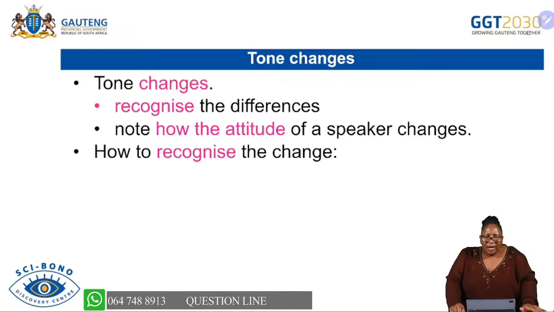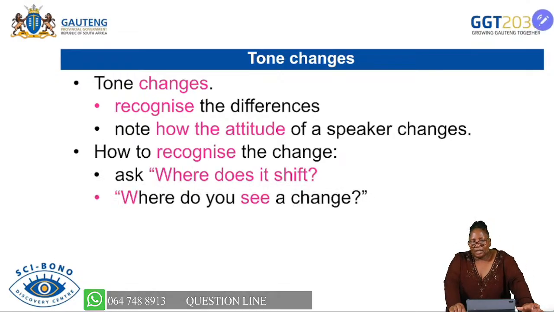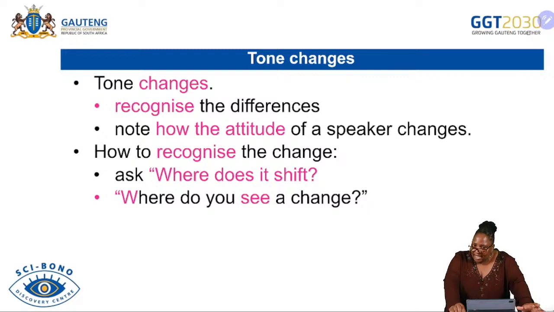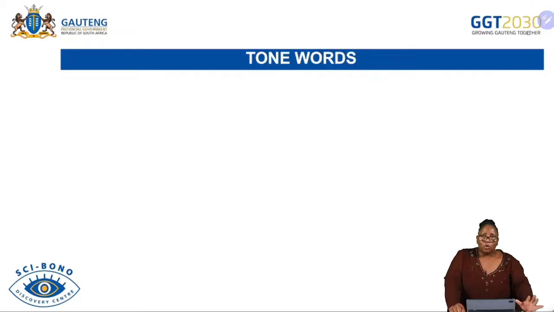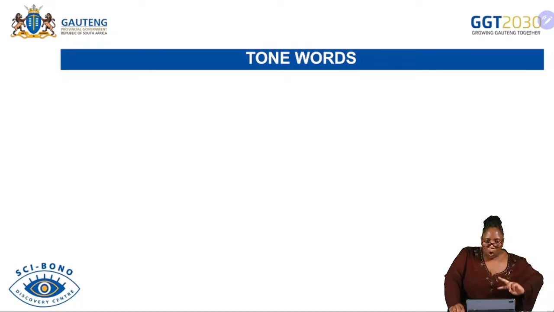We also recognize where the shift is. We see the change. As you read, your literature ear should be attuned to different sounds and the words and the impact of words when the tone changes.